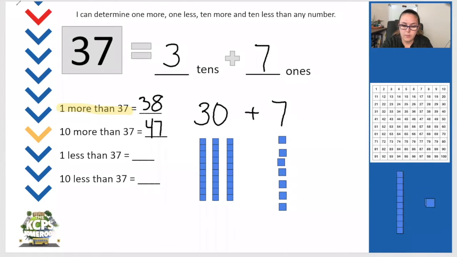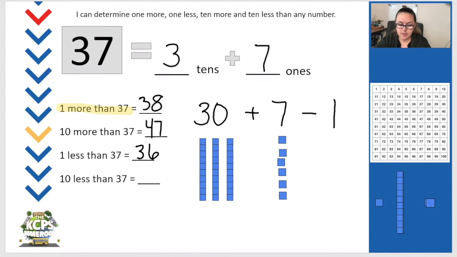So when we talk about 1 less, we're going to take 1 away from 37. That means down here with the unit squares, I'm going to take 1, I'm just going to put it off to the side, that way I know I've taken it away. We started with 37, and if you take 1 more away, that gets us how many? Good job, that gets us 36.